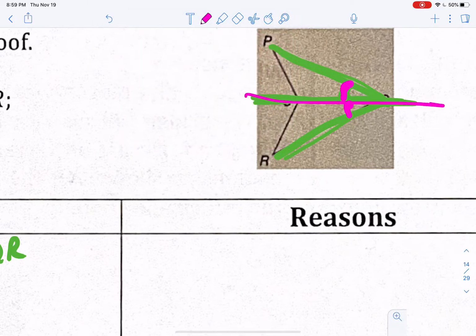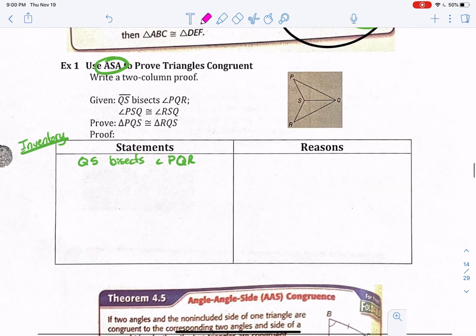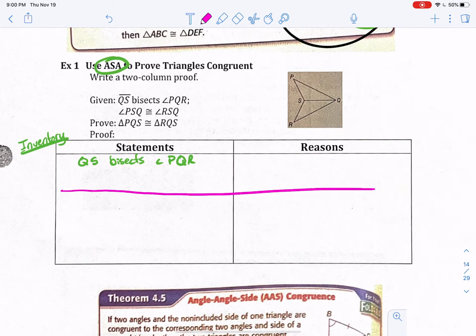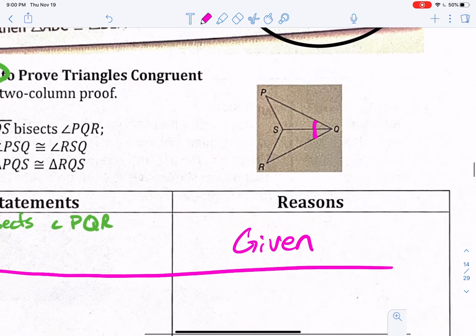I'm going to leave a little bit of room to write my second piece of given information, but this gives me the fact that this top angle and this bottom angle match each other, if that's the bisector.